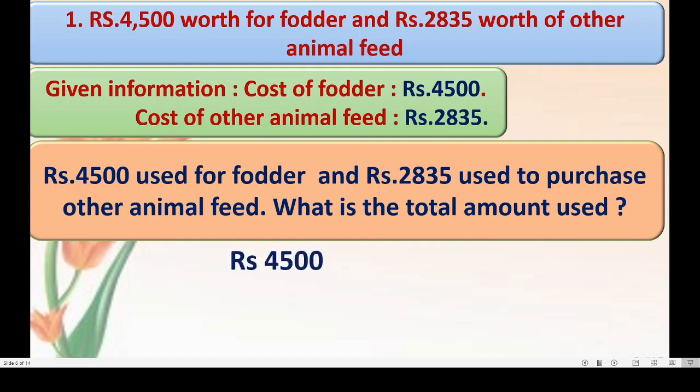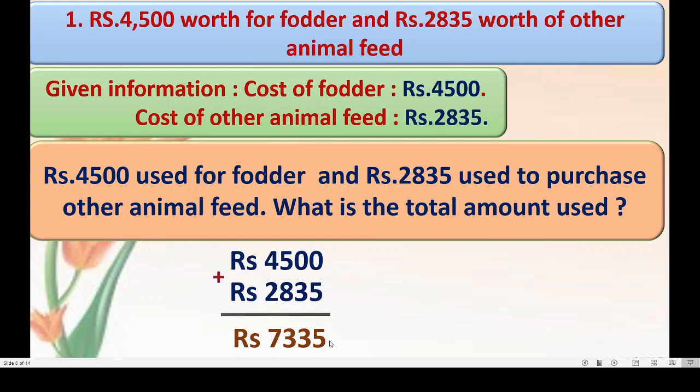Now we will do addition of these two numbers, rupees 4,500 plus rupees 2,835. See this, you know addition. Here in the unit place 5, then 3, then 5 plus 8, that is 13, then 4 plus 2 is 6, plus 1 is 7, isn't it?